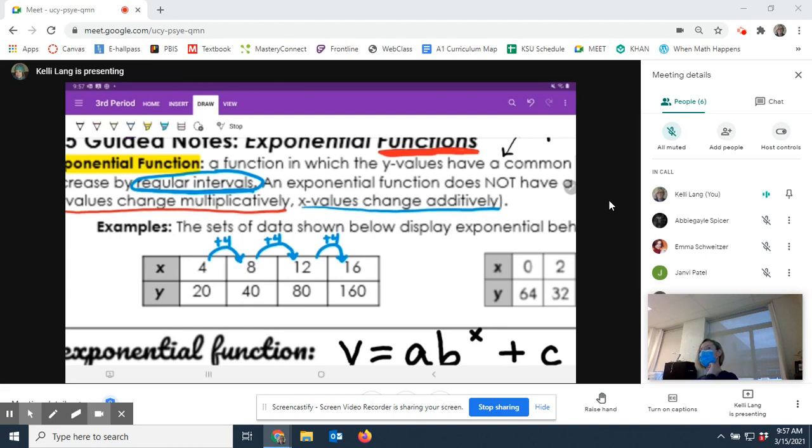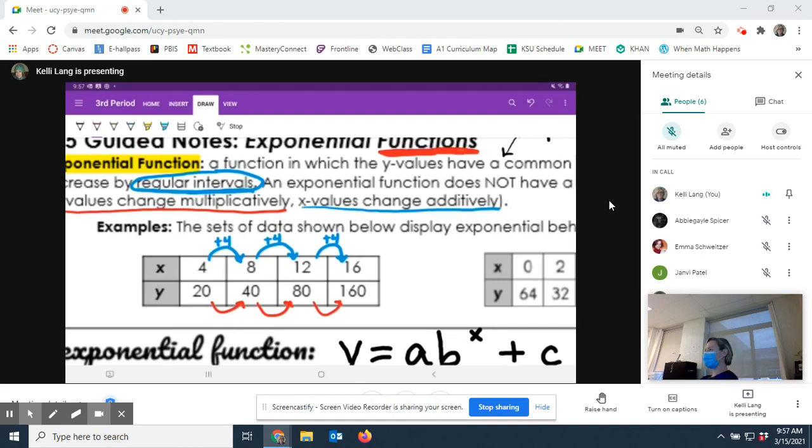Basically, pick x values that follow an additive pattern. But now we have to figure out what pattern our y values follow.